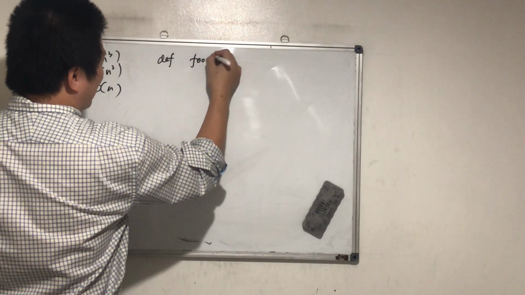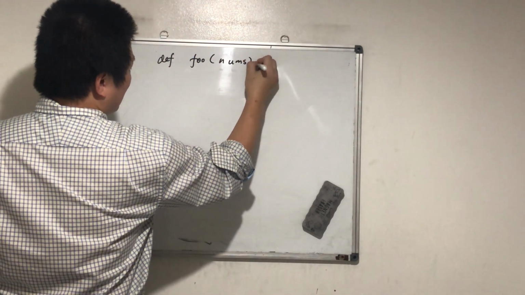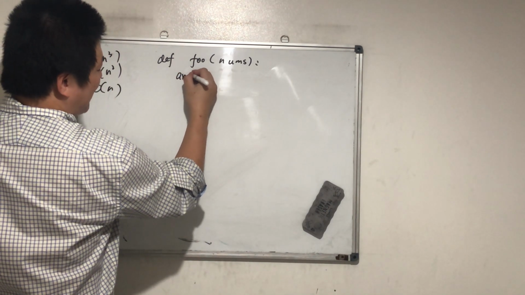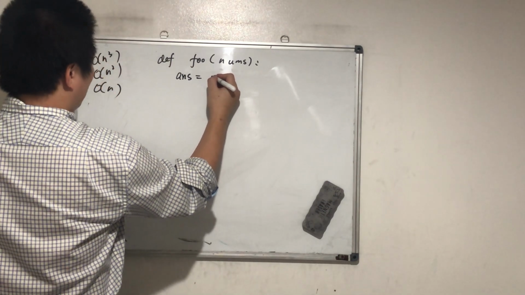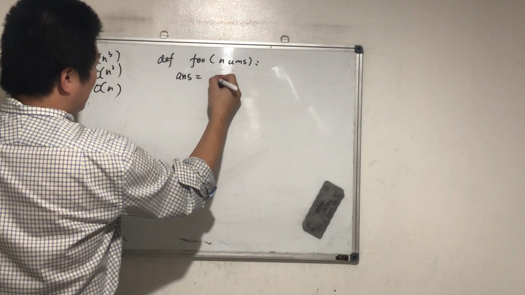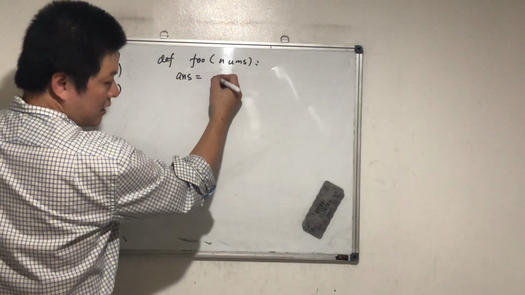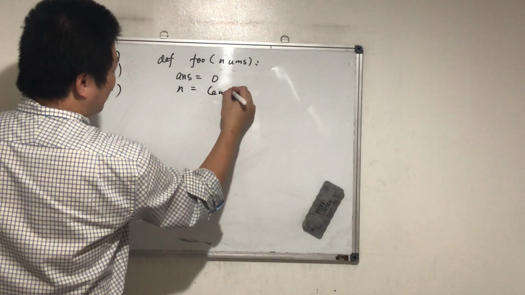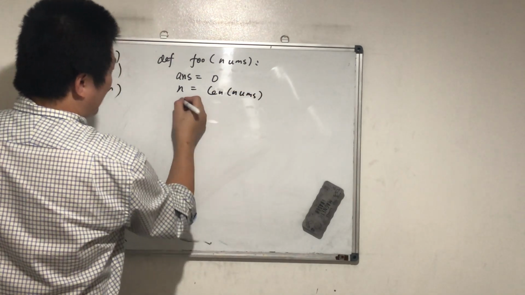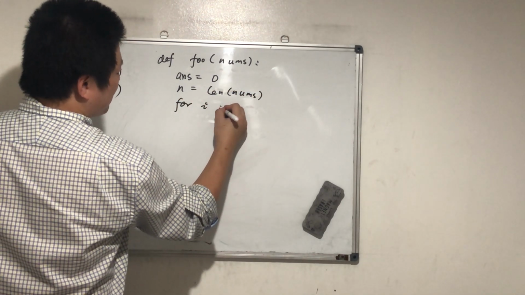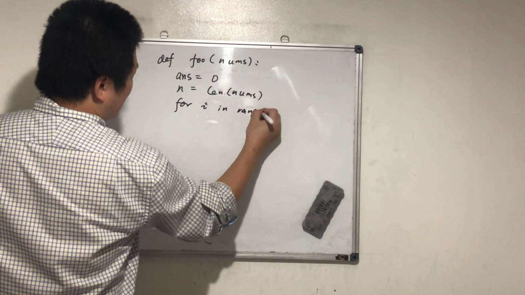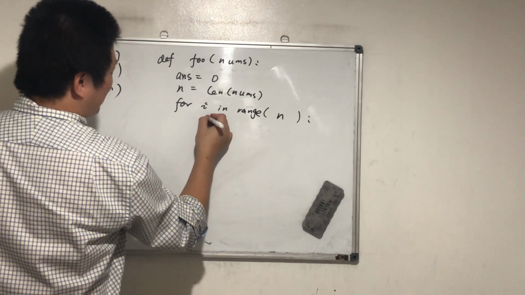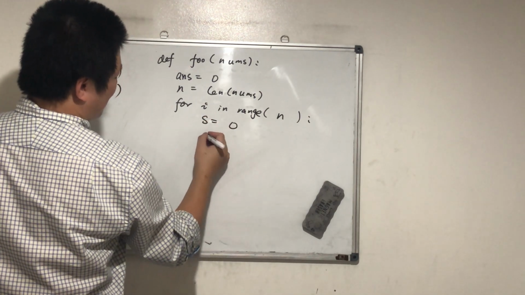Let's do this last one and we can finish. At the beginning, we need a variable to store the answer. Answer equals 0, and n equals the length of nums. Then for brute force: for i in range n, and we need the current sum, which is 0.